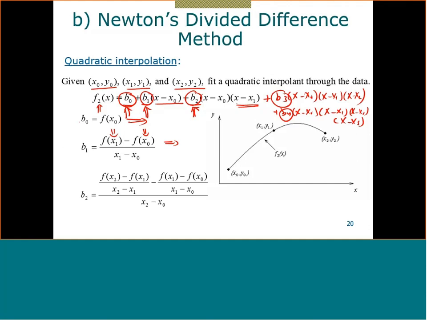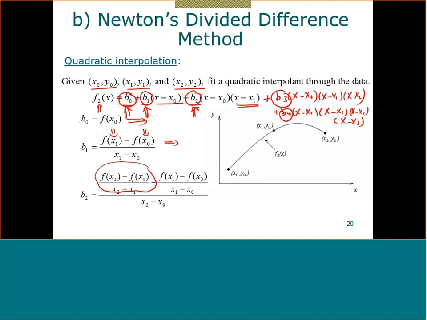Now let us see b2. It looks a bit different, but here it is the difference between the slopes. Here is the difference between the functions. Here is the difference between the slopes of x2 and x1. So if you notice, this is f of x of 2 minus f of x of 1 over x of 2 minus x of 1. So it's a sort of slope between x2 and x of 1.